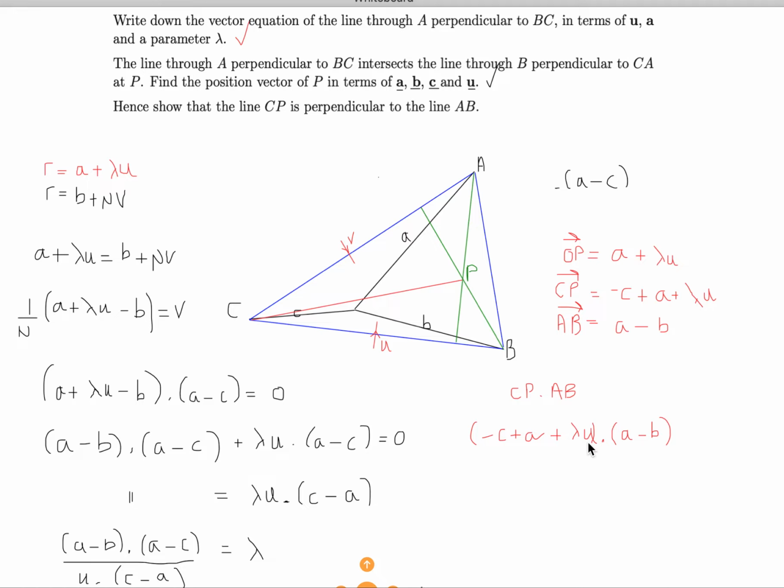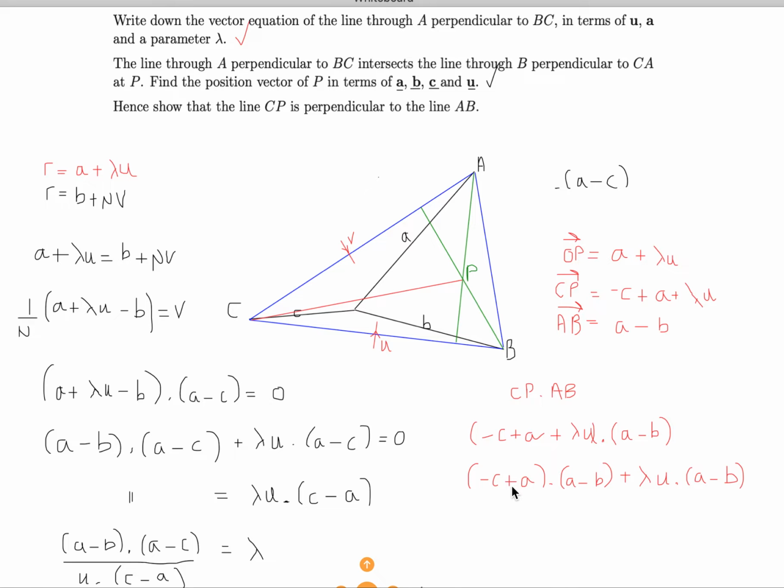So we can write this as minus C plus A dotted with A minus B, plus lambda U dotted with A minus B. Now none of this is immediately screaming out to me as equaling 0.